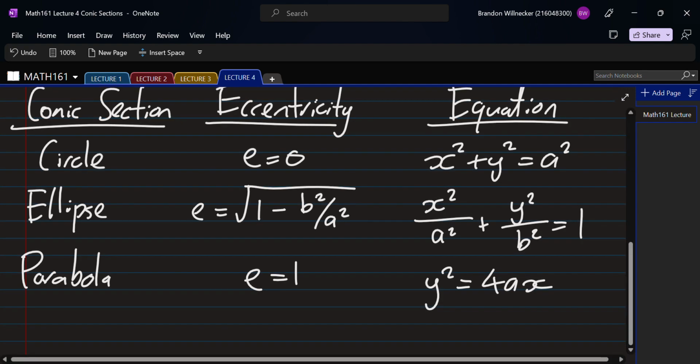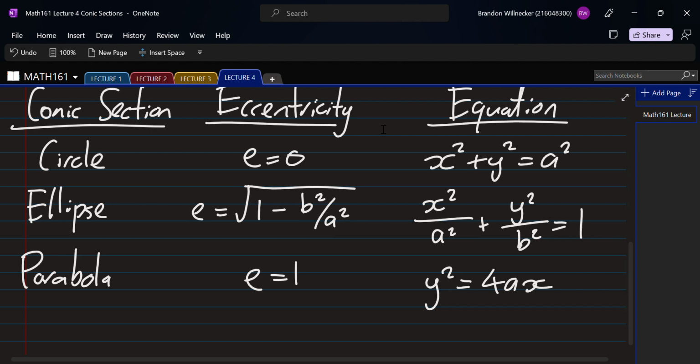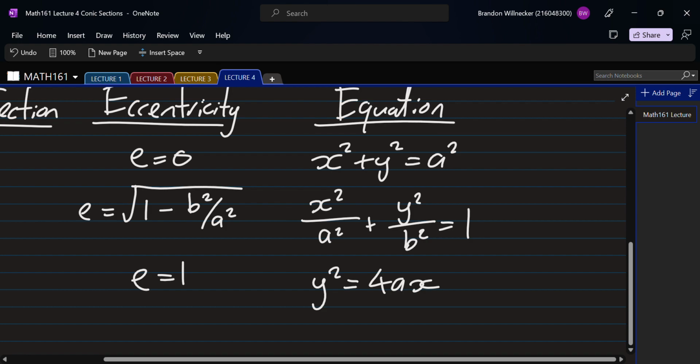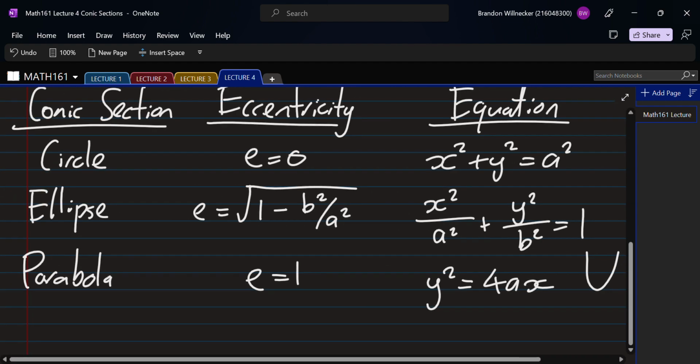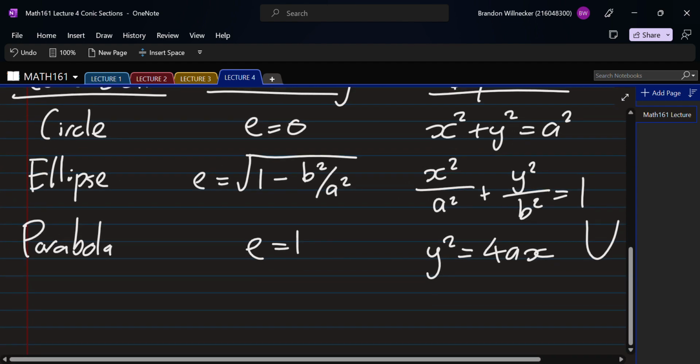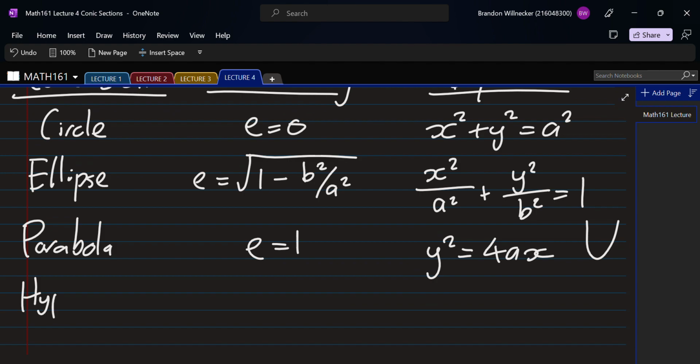We can swap x and y to have a parabola going vertically, something like this, or we can swap them around and have a parabola going like that. That's just swapping those values, but the form of the equation is roughly the same. So that is a parabola, and then the last one is a hyperbola.